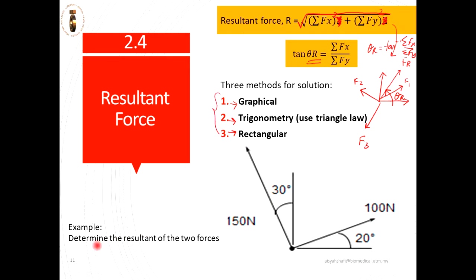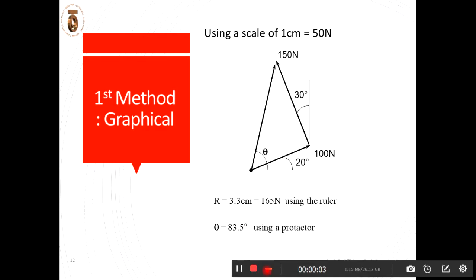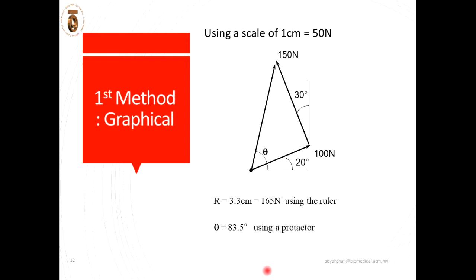using this example. Determine the resultant of the two forces. So we have 150 Newton and 100 Newton here with this angle. So how to solve this by using these three methods? Okay, the first method is using graphical.